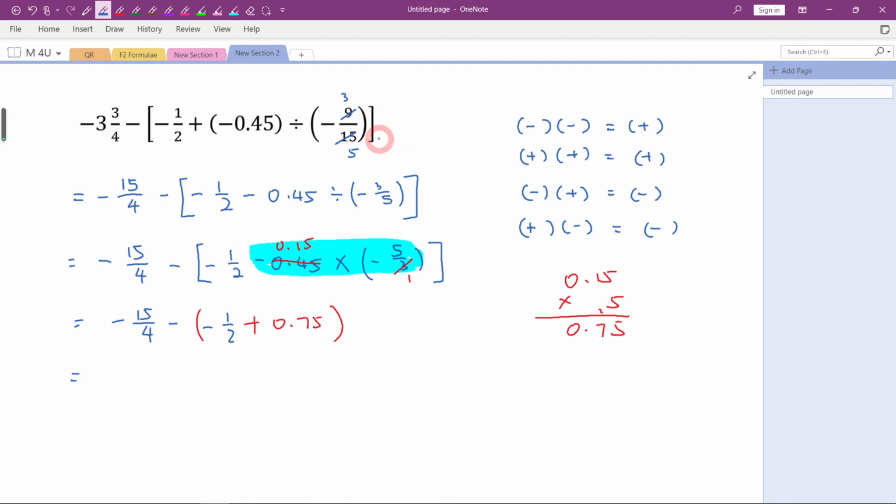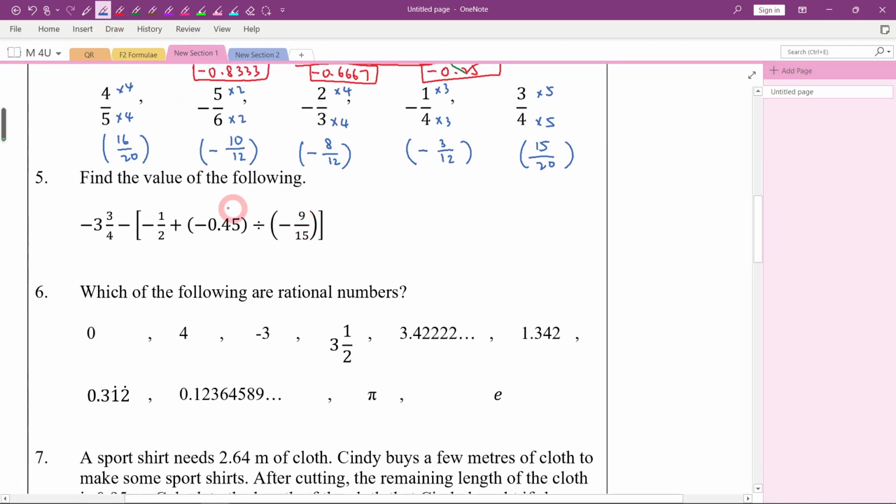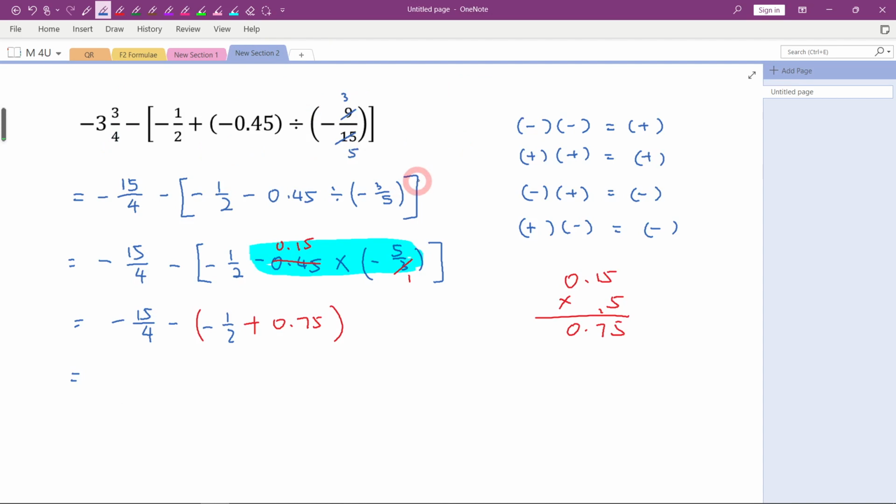If the question requests you to give your final answer in fraction, you have to follow the instruction. Let me check back the question. This question doesn't mention anything, so we can give our answer in fraction or decimal.